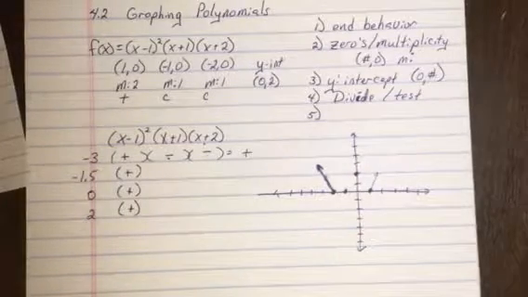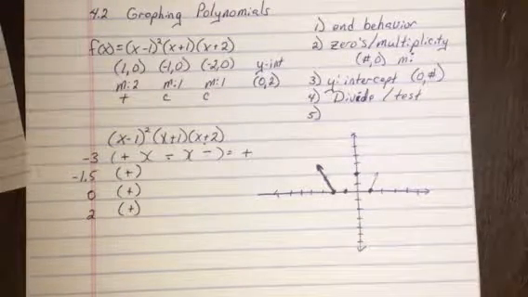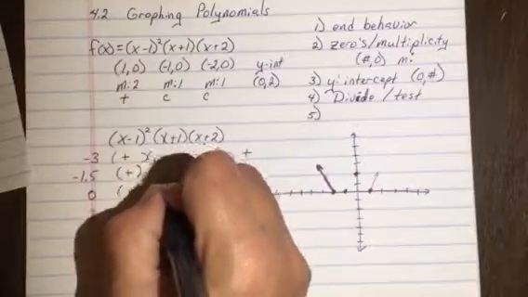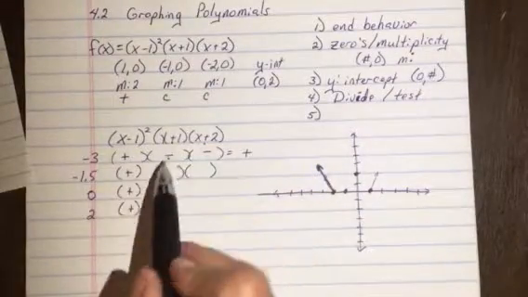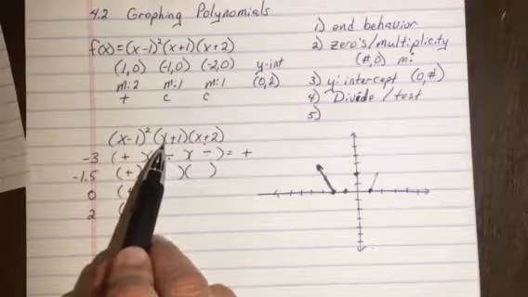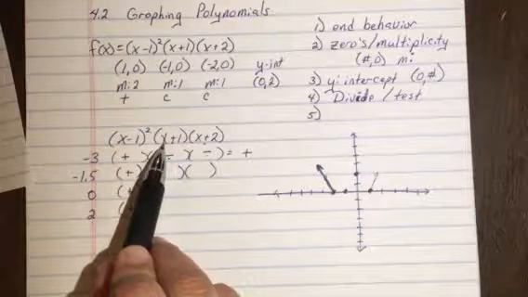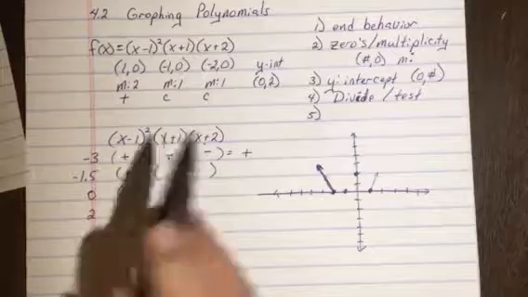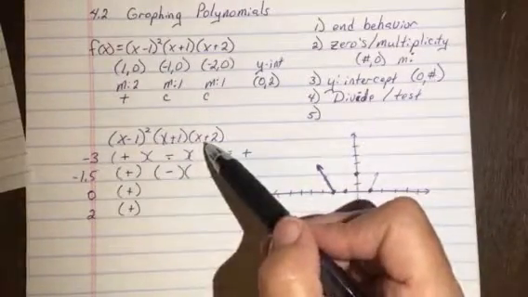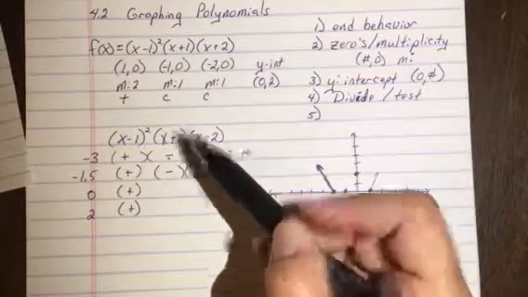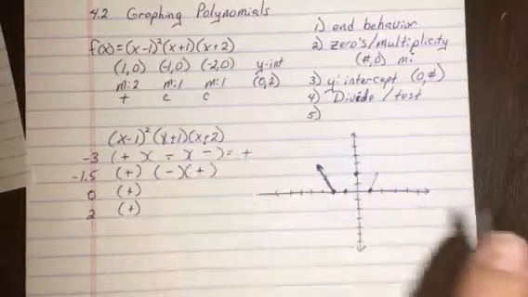So we can go ahead and take care of that first parenthesis all the way down. So let's take care of the rest of them. If I plug in a negative 1.5 here, negative 1.5 plus 1 gives me a negative number. Negative 1.5 plus 2 gives me a positive number.